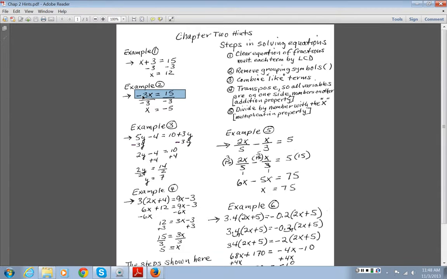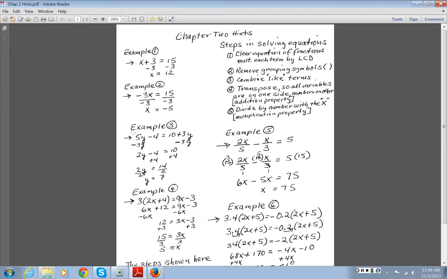So the number, that's the numerical coefficient, is a negative 3. We divide by a negative 3. The other side by a negative 3. And here we have to be careful of our signs. Here it becomes a positive 1, 1x. We don't write the 1. And then that is equal to a negative 5 when we do the division.